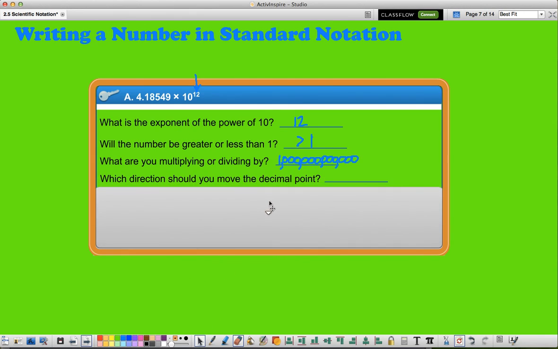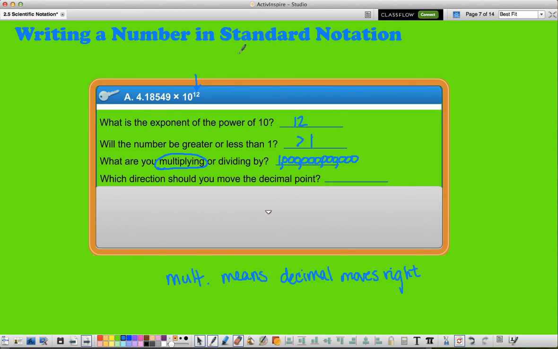Okay, but instead of doing that, we know that multiplying by a power of 10 means my decimal moves right. So it's going to move to the right 12 spaces.